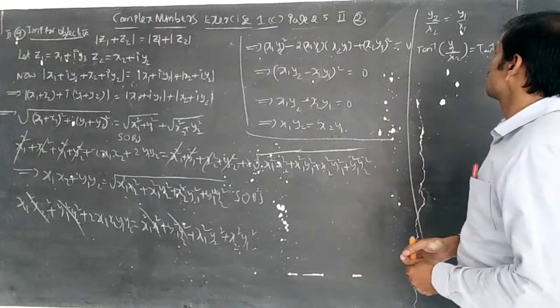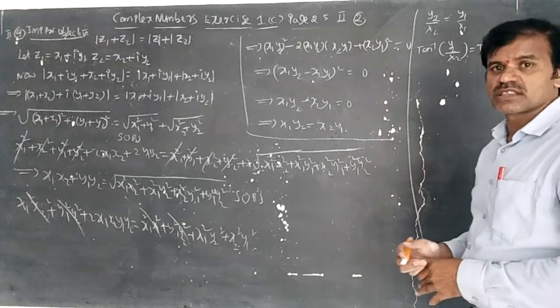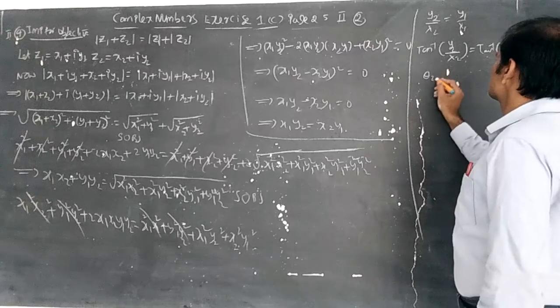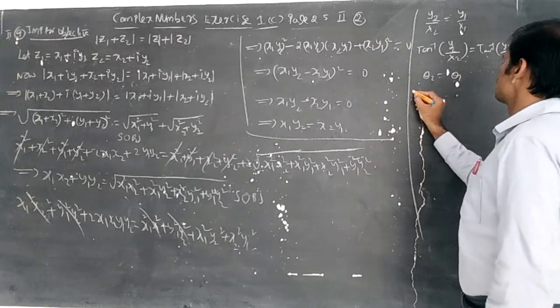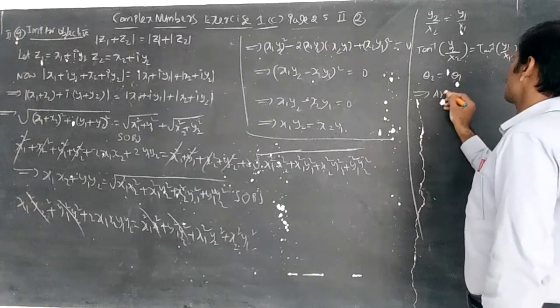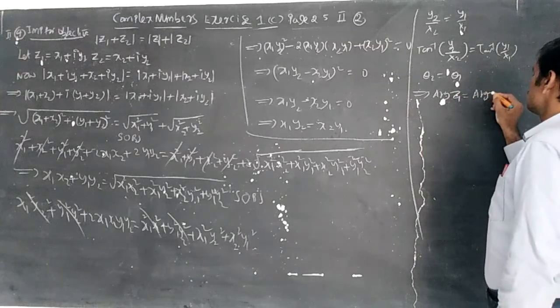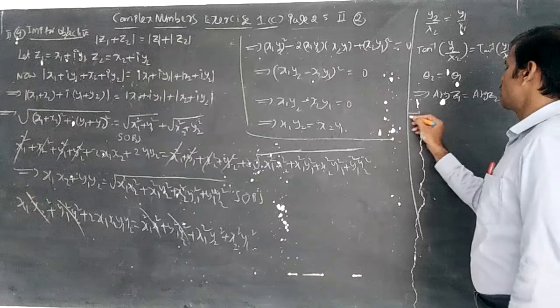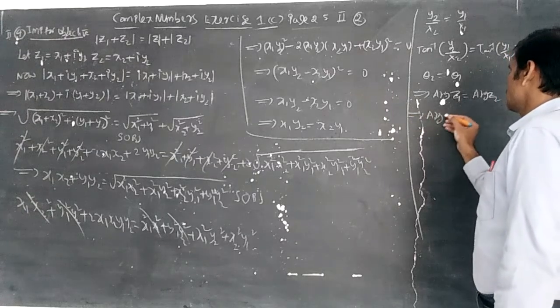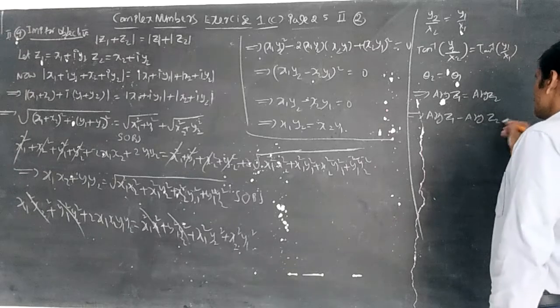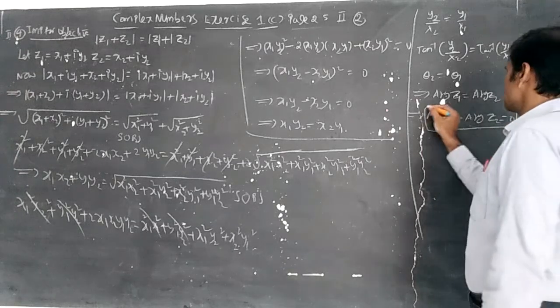So what is the tan inverse of y2 by x2? It is nothing but theta 2, and the other is theta 1. Theta 2 is equal to theta 1. So you can write argument z1 is equal to argument z2. Amplitude or argument is nothing but theta. So argument z1 minus argument z2 is equal to 0.